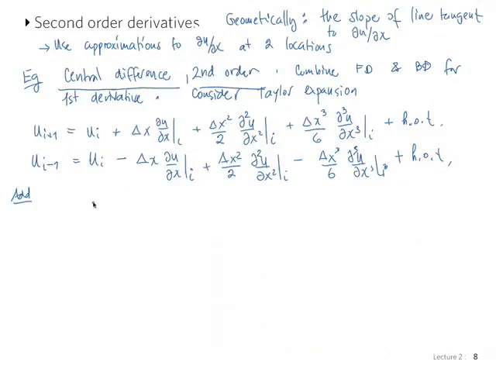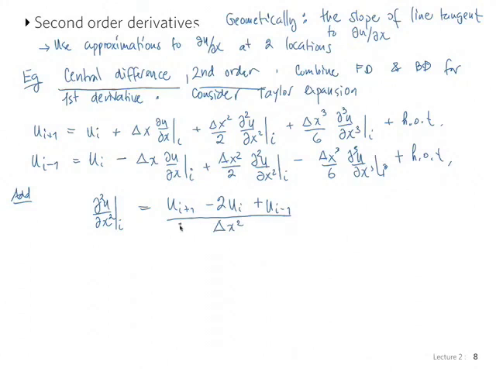And we write the second derivative of u with respect to x at i is equal to u_{i+1} minus 2 u_i plus u_{i-1}, so I'm taking these guys to the other side: this one, 2 of these, and this one, divided by delta x squared.